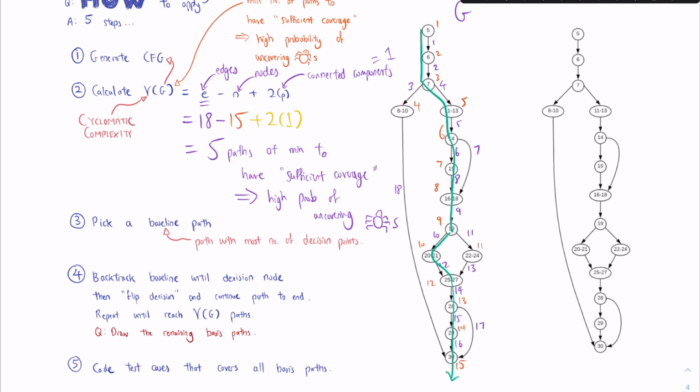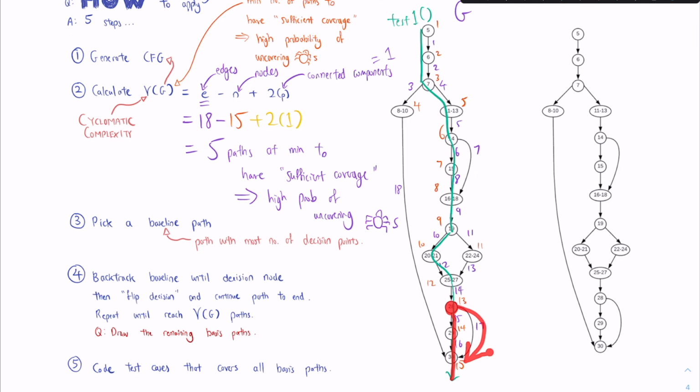So for the baseline path, we would create the first test case. For the second test case, we would backtrack the first path to the last decision point that we went through, and then go the other way to create another path for a test case that we will write.